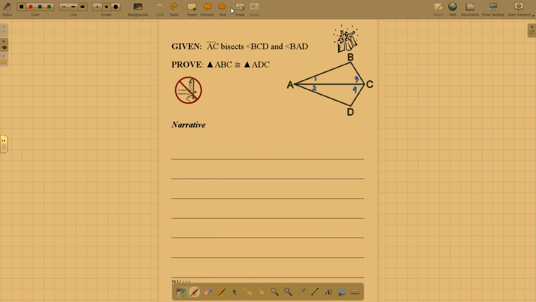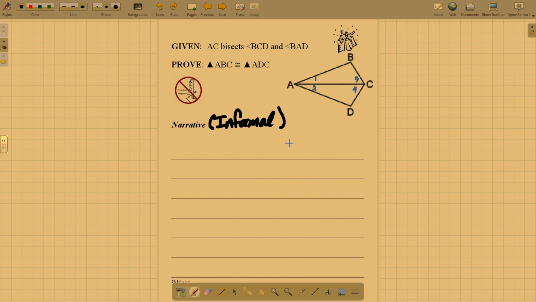Then we talked about narrative proofs. Narratives are what are called informal. Informal proofs are things where you just write sentences. It's kind of freestyle, open-ended, and doesn't have a lot of structure to it, other than what's called formal proofs.